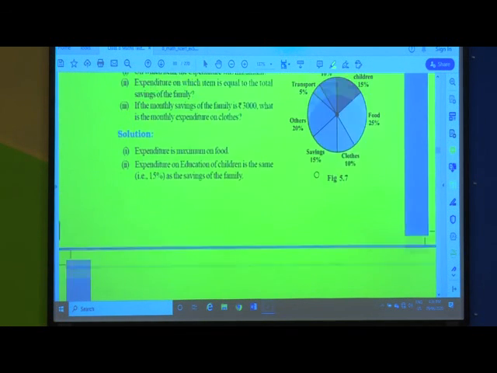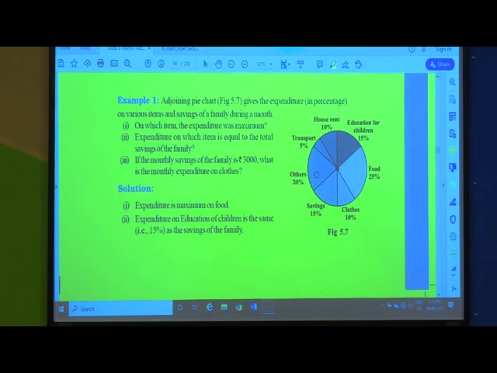I will just show you once again the pie chart. Observe the pie chart properly, see the questions and check yourself whether the things are understood. I hope you people have gone through the pie chart properly.